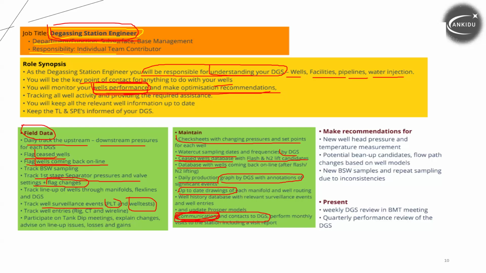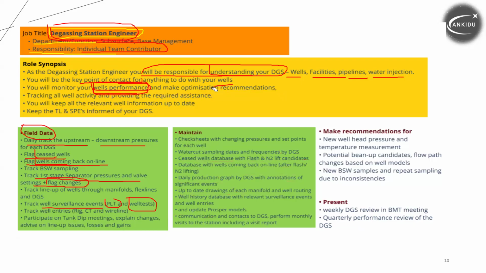You are an individual team contributor, so you have to think about what you are going to talk about, what your group is, and who you are connected to, from which departments. So communication is a very important part here, a crucial skill, I always say, for the new engineers.